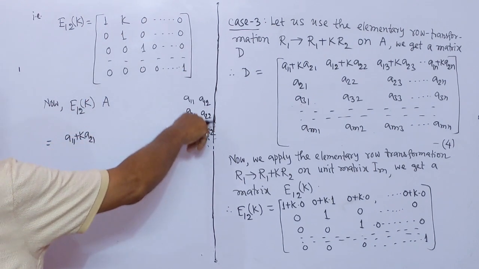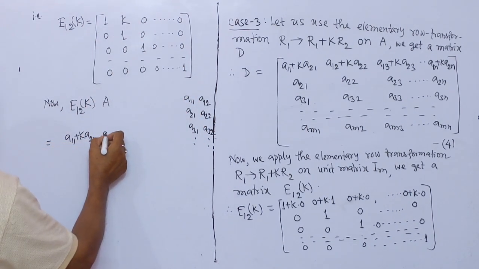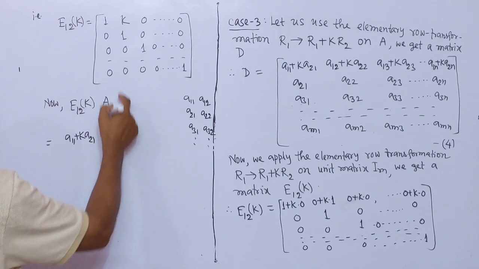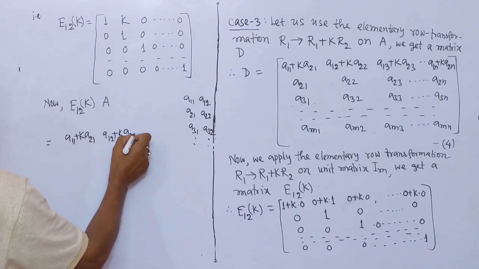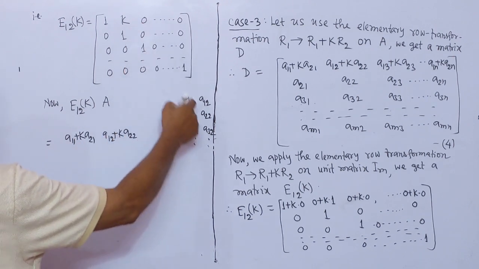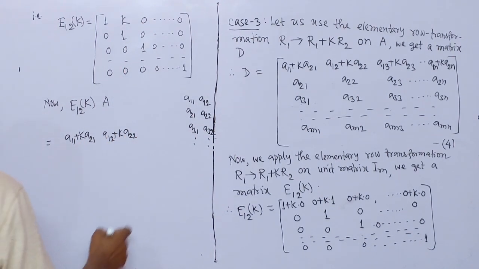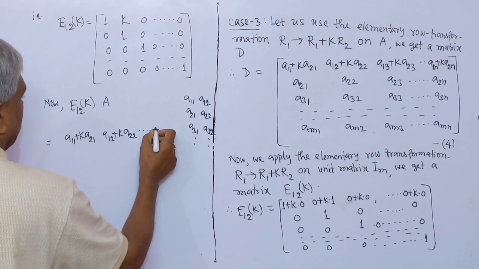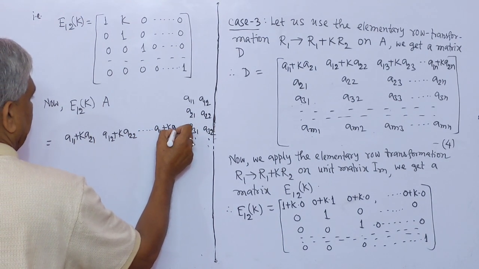First row, second column, 1 multiply A12, A12 plus K multiply A22 plus 0 multiply A32 and so on, 0. And similarly, we get A1n plus K A2n.